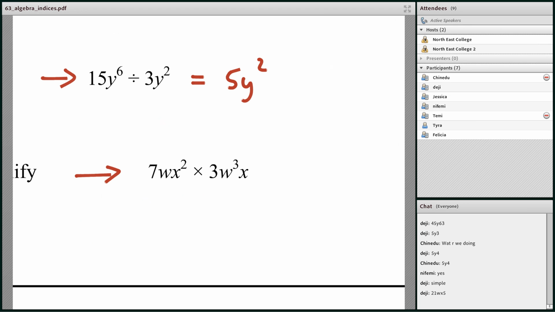Okay, Daisy. Which bit, Daisy? Remember, Chinadu, you can only join together the similar terms. So, because you've got e to the power of 6 on the top, that line in between them means division, right?